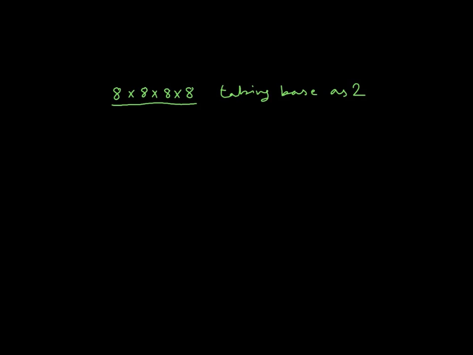So each of these four 8s will be converted to power of 2 as 2 raised to power 3. 8 is equal to 2 raised to power 3. So this question is converted to 2 raised to power 3 into 2 raised to power 3 into 2 raised to power 3 into 2 raised to power 3.